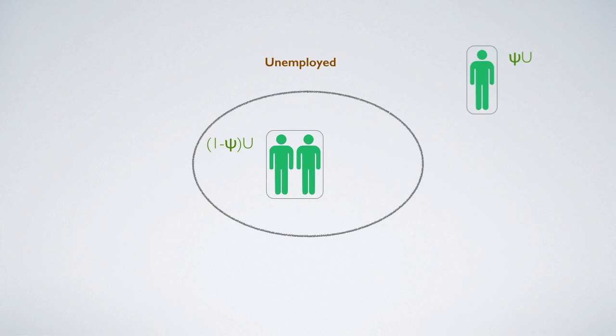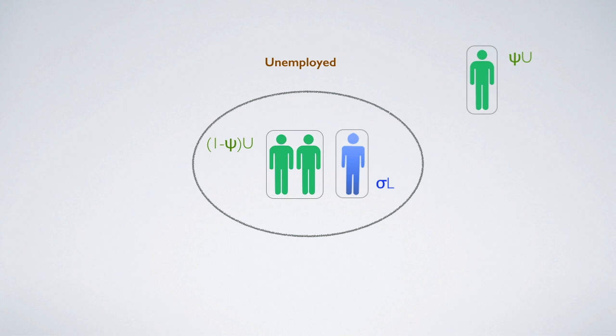And if the long run job separation rate sigma is the representative rate, then in each period, sigma times L of those employed workers will change their status and join the unemployed group.